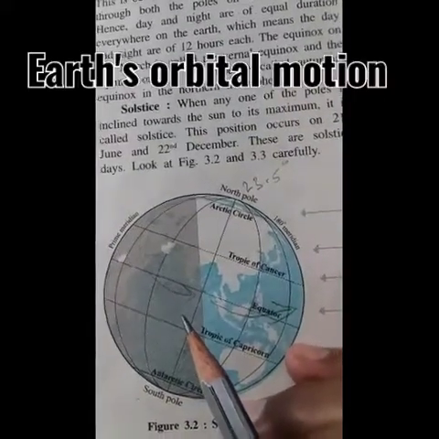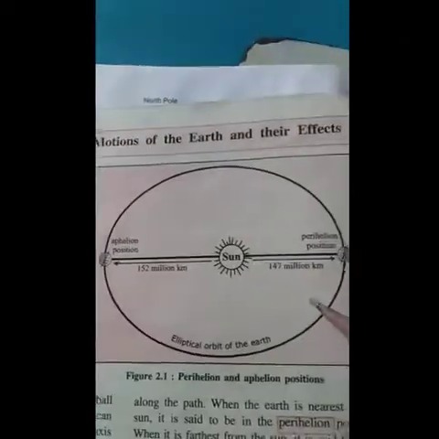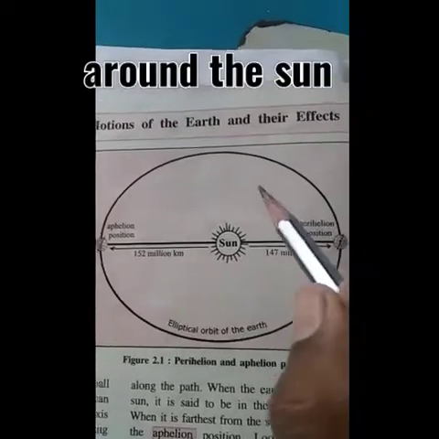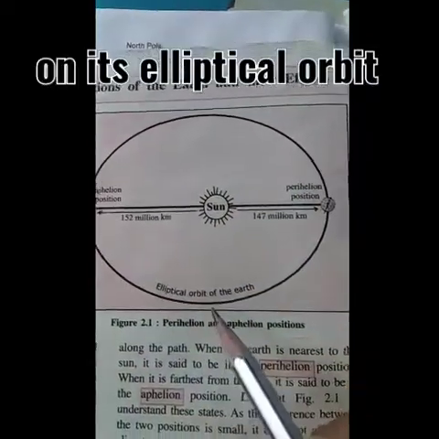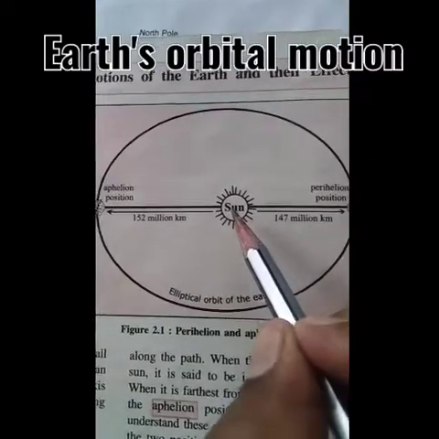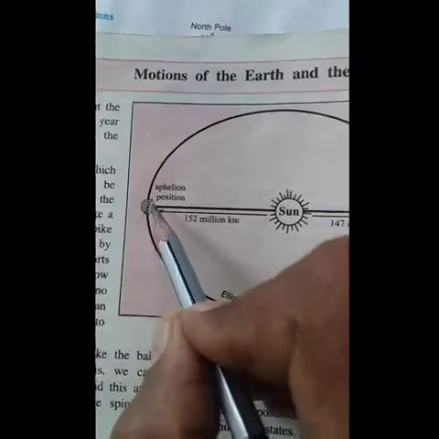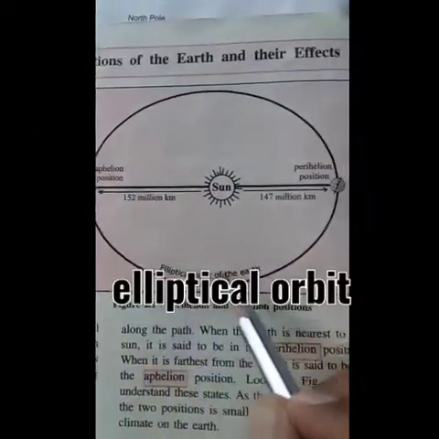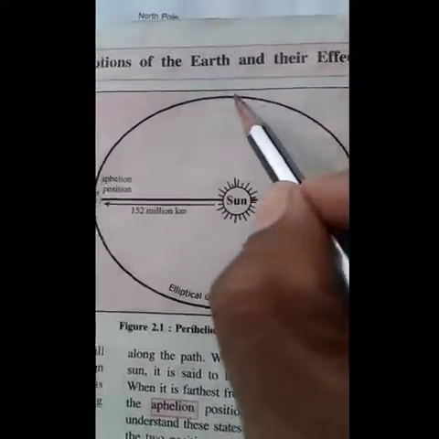Now we will see Earth's orbital motion. What is Earth's orbital motion? Earth revolves around the Sun on its elliptical orbit. Look at this figure. This is the Sun, this is the Earth, and this is the elliptical orbit or elliptical path.